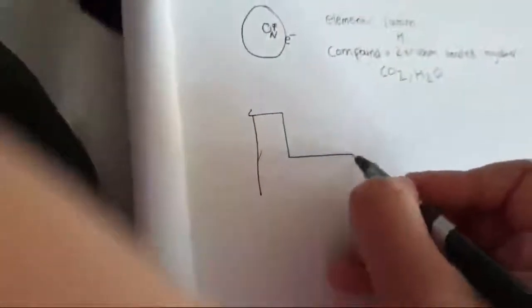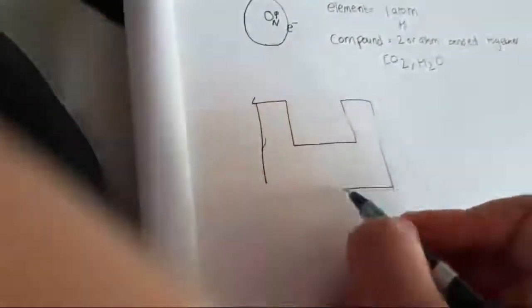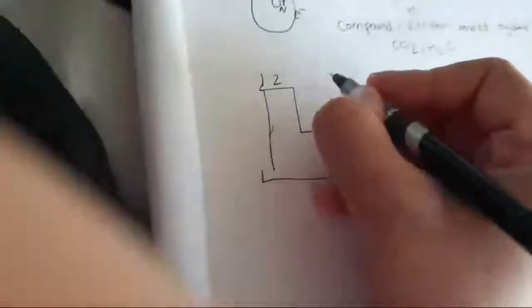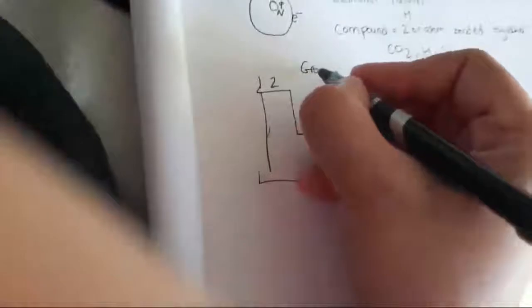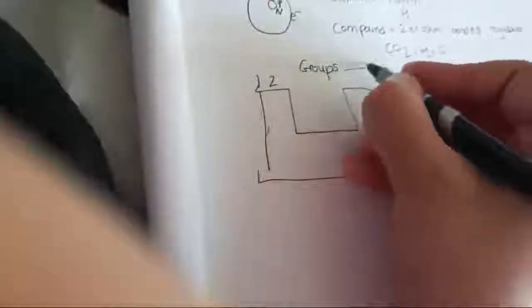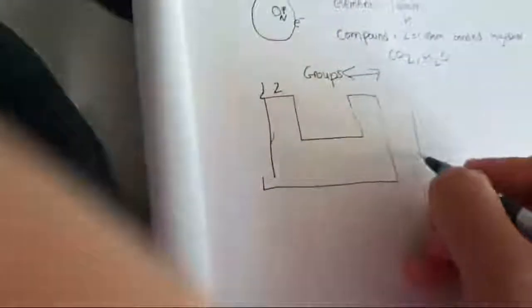Now, next bit is you need to be able to not draw a periodic table, but be able to recognize a periodic table, okay? So they go in groups, which is 1, 2, 3, 4, 5. So groups go this way, and periods go that way.